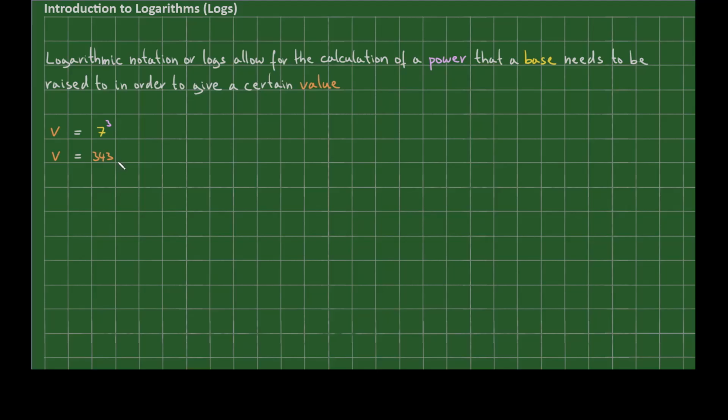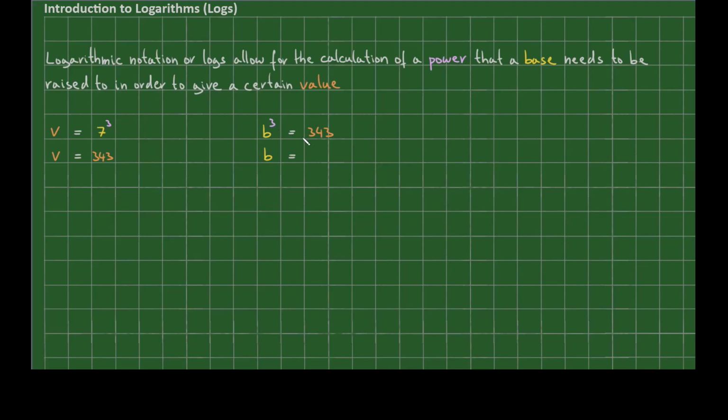Suppose that the problem was framed a little bit differently. In this case, we are told that there is an unknown base that needs to be raised to the third power, and we are hoping to obtain a value of 343. How do I solve for b? Well, I need to transpose this to the power of 3.